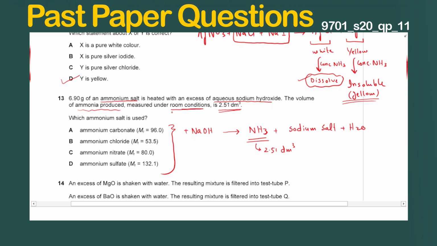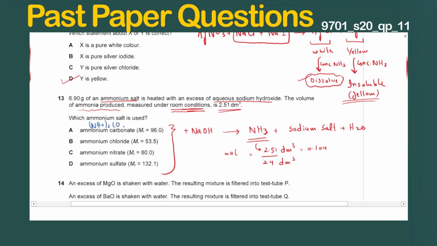Now ammonia's volume is given to us, that is 2.51 decimeter cube at room temperature. When we have room temperature and pressure, in that case we have to use 24 decimeter cube. So when we divide 2.51 by 24, we get the number of moles, which is 0.104.